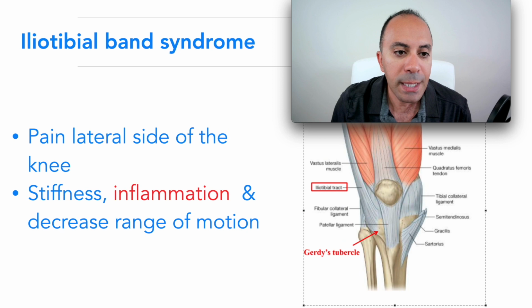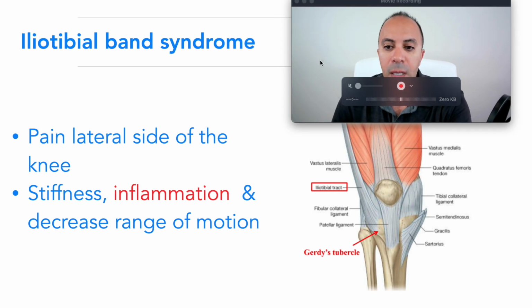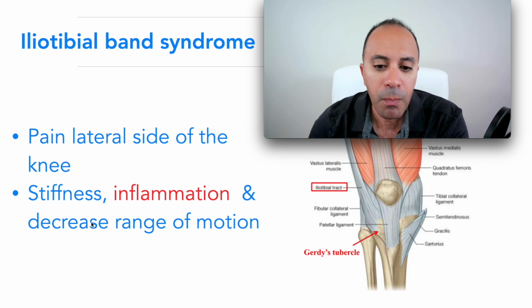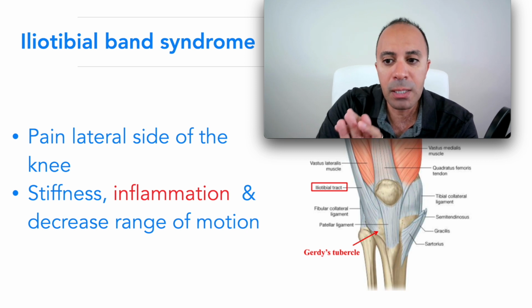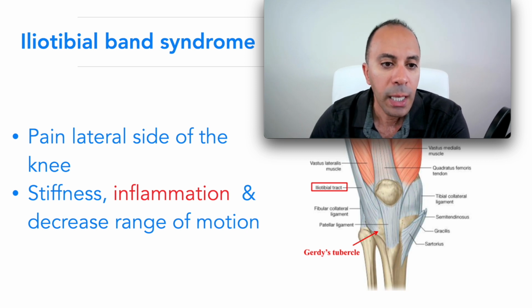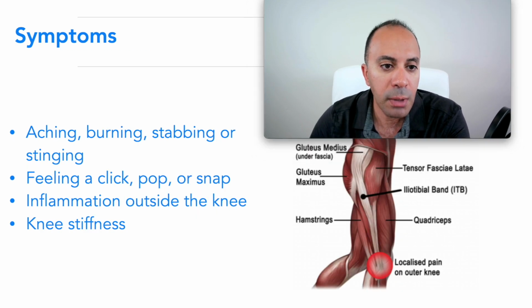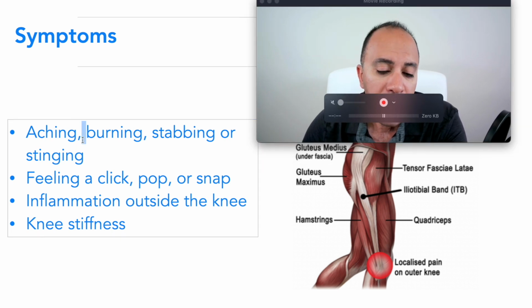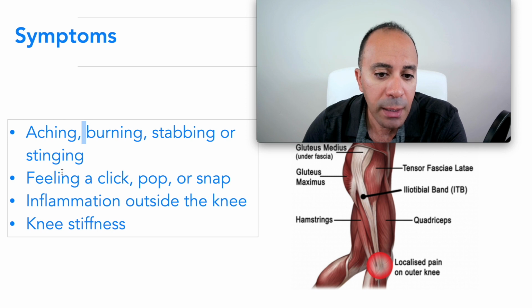So what are the symptoms of IT band syndrome? Well, it's actually inflammation. It's inflammation in the outside part of the knee, and also you will experience knee stiffness and decreased range of motion in your knee, so not being able to extend as much as you can, or it's very stiff when you bend it. Some patients could experience aching, burning, stabbing pain.